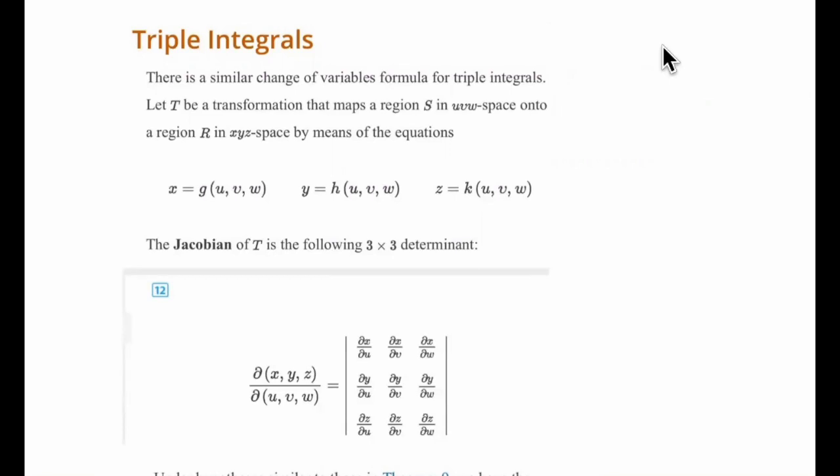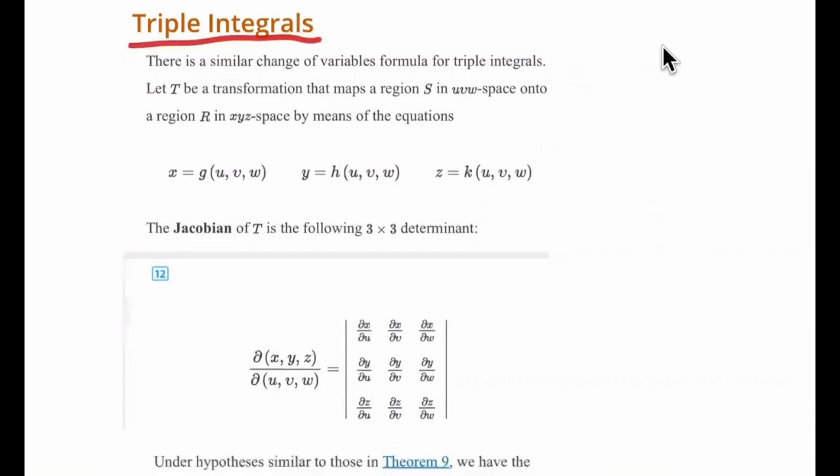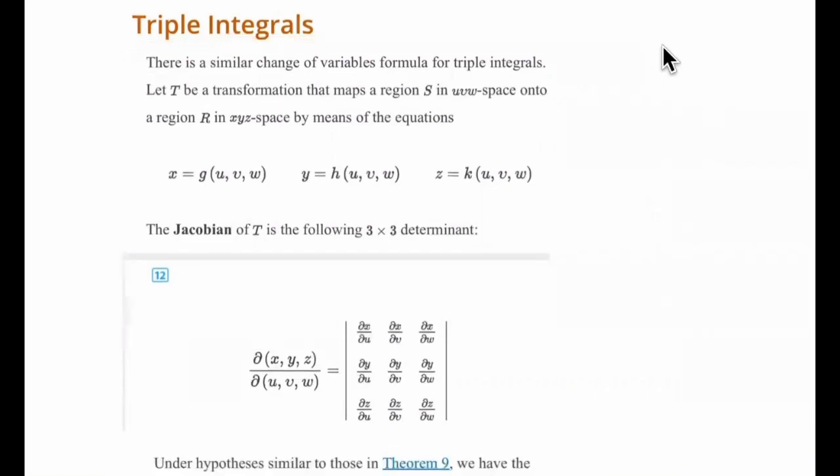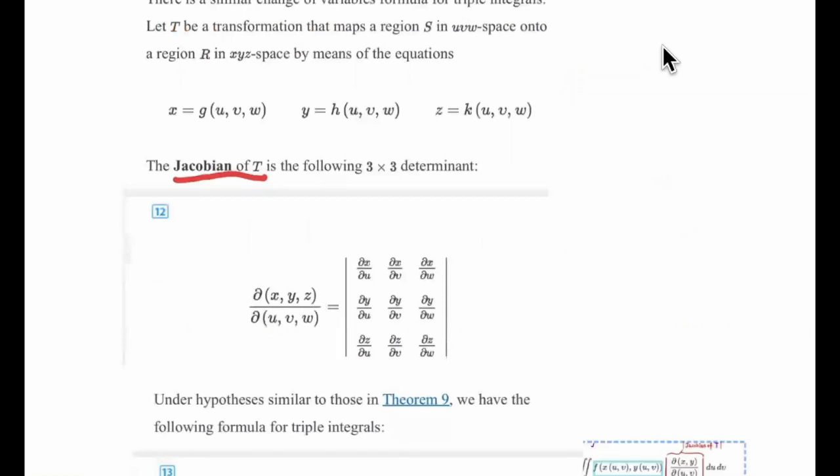So the one we have just gone over is change of variables in a double integral. Now what about triple integrals? We have a similar formula. First, the Jacobian of the transformation T is given by the determinant of a 3 by 3 matrix, with the first row being the partial derivative of x, first with respect to u, then with respect to v, and then with respect to w.